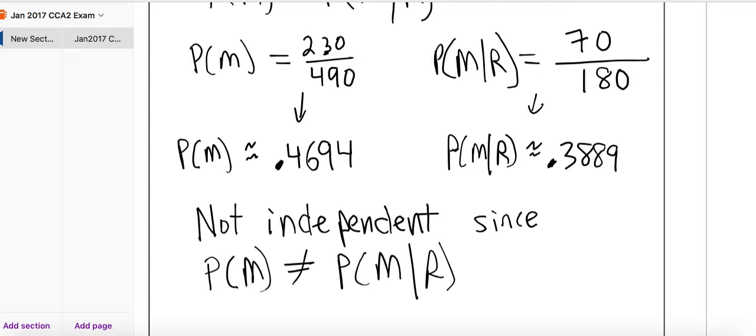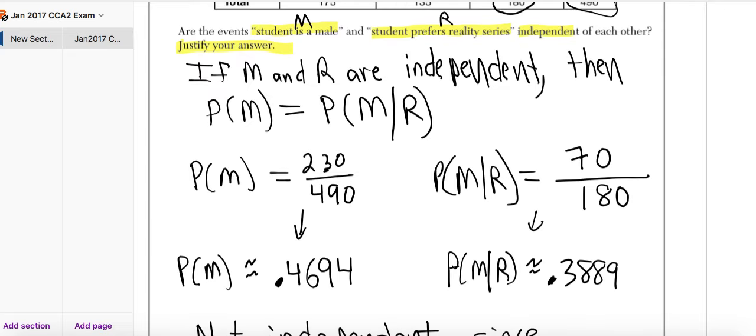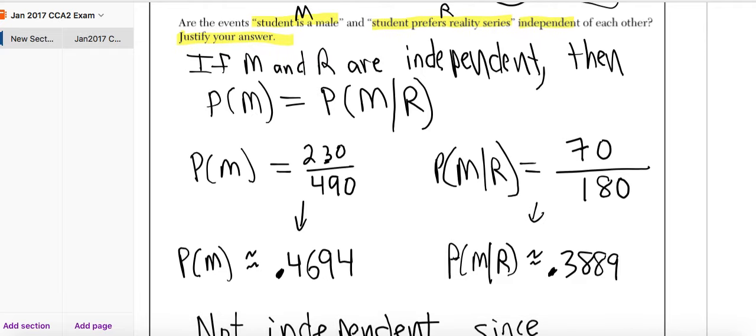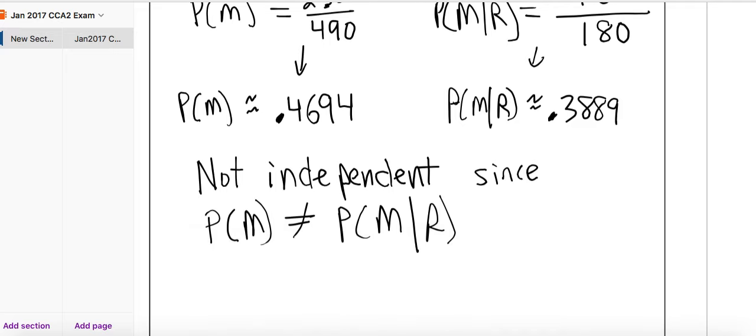If they were independent, the two would have been equal, okay? So it said, are the events male and reality series independent? No, and we justified our answer. They're not independent of each other because the conditional probability and the overall probability were not the same. So we answered the question, we justified our answer, and here's what we got, all right?